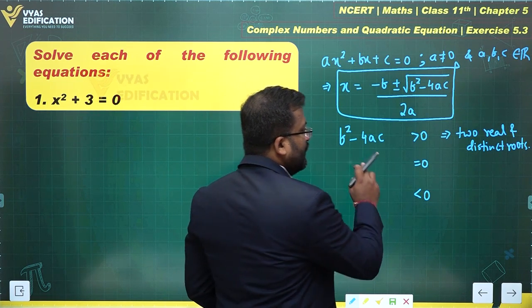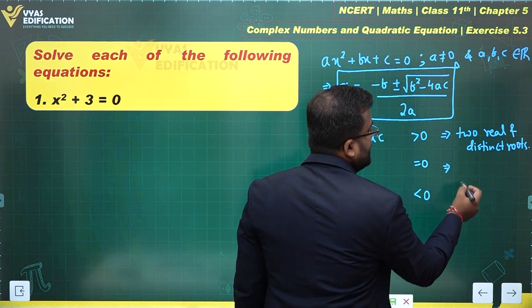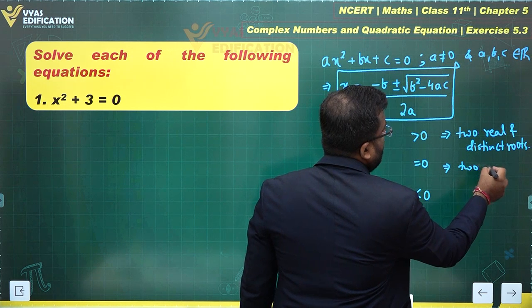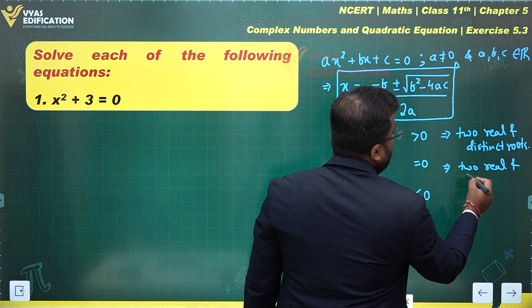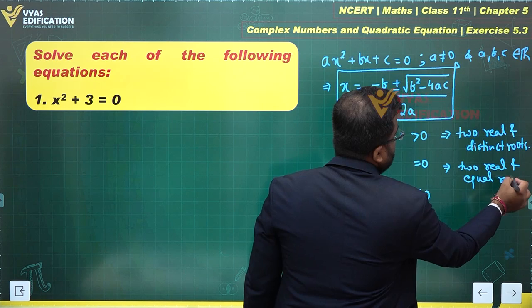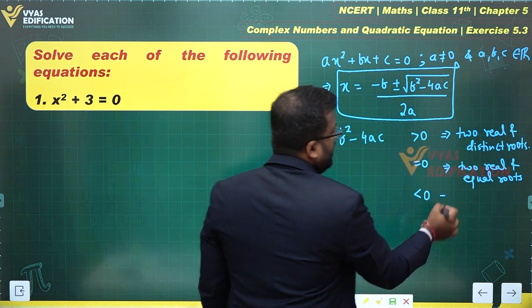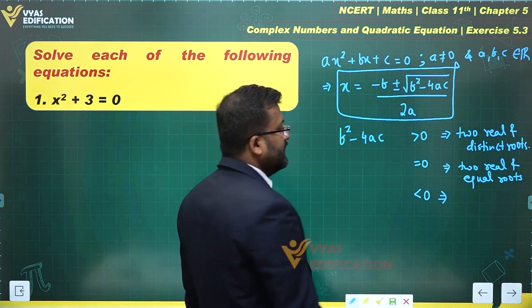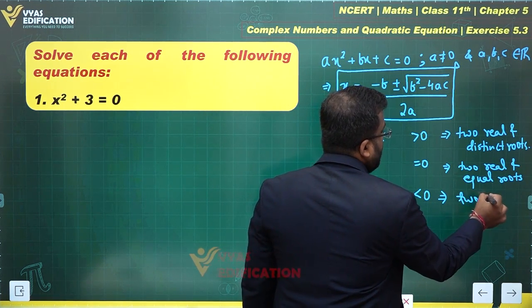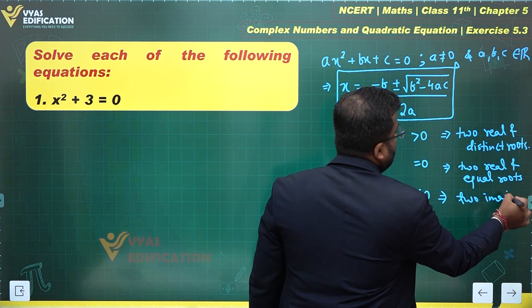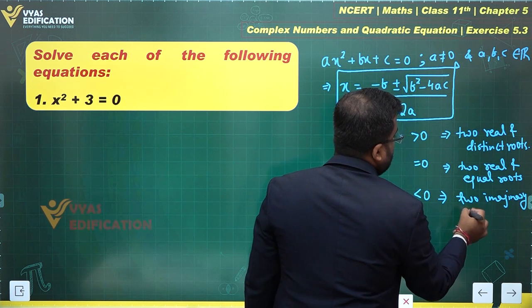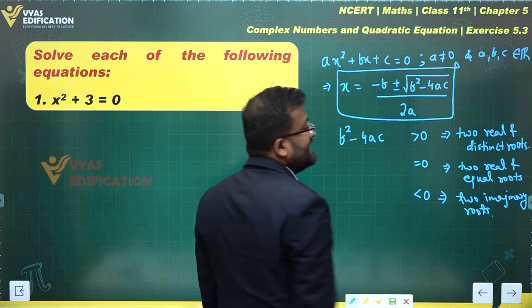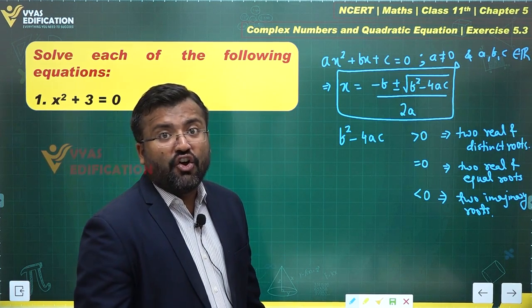Okay, b square minus 4ac equal to 0 implies two real and equal roots. Then for b square minus 4ac less than 0, what do we get? We get two imaginary roots, or you can say that these are non-real roots.